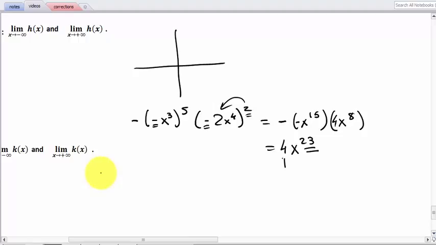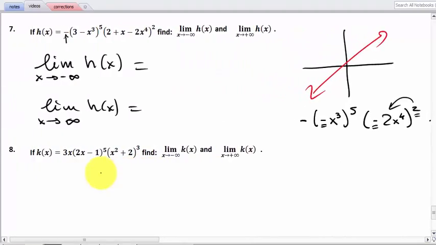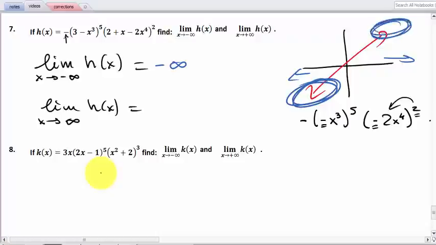I'm not interested in the number, I'm interested in the sign, okay? So it's positive. Odd means it behaves like a line, and positive slope means it's a line going up. All right. So as x approaches negative infinity, my y will be at negative infinity. And at positive infinity, my y will be at positive infinity.